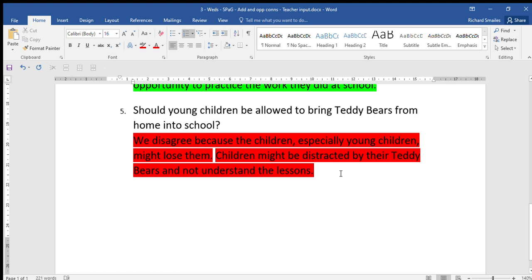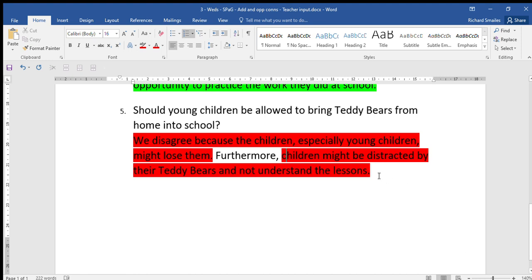Now, because the sentences are the same colour, we use an addition connective. So here's a nice addition connective, furthermore. And don't forget the capital letter goes to lowercase letter.